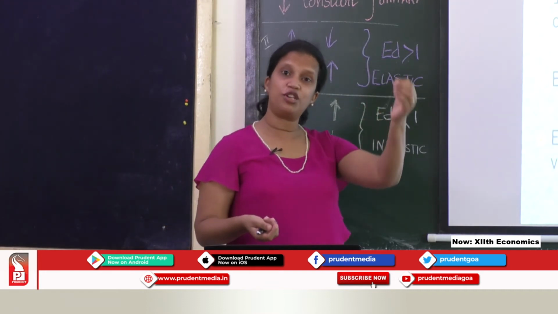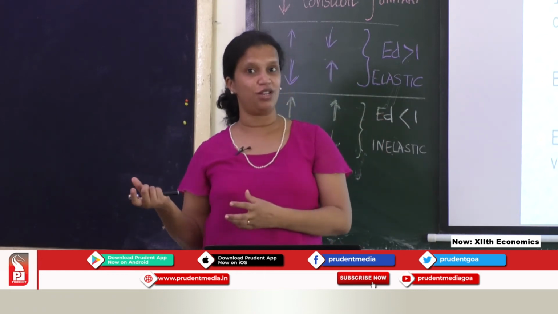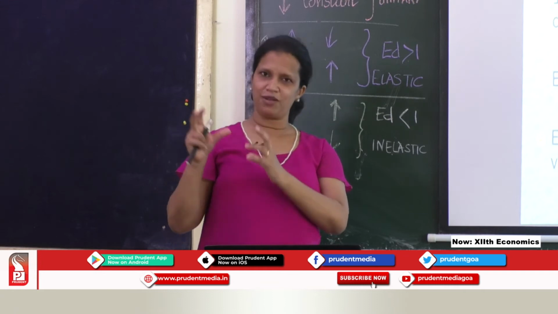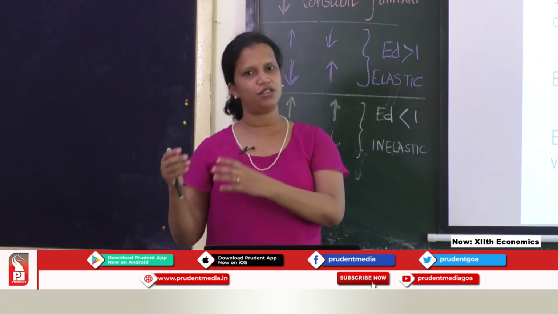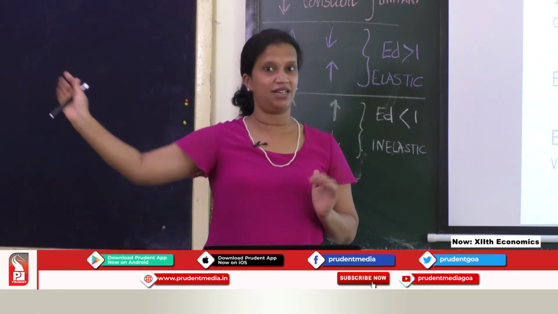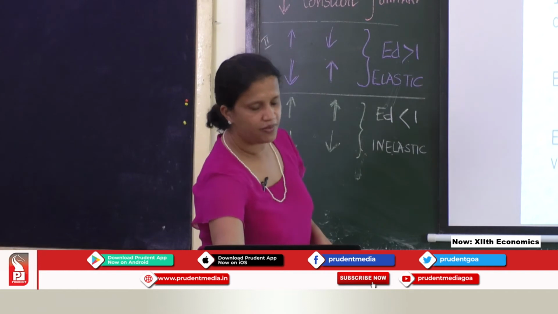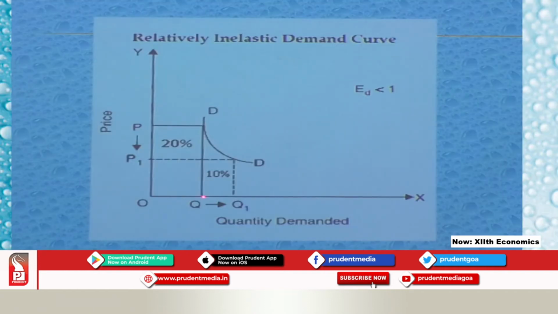Or let us suppose tomorrow the price falls by a small amount. Is it that I am going to go and consume a lot of fruit and vegetables? No, there will be a certain amount which I am going to consume, isn't it? It is not that I am going to increase my consumption by a large amount. So, that explains the reason why demand changes by a small amount. See here.